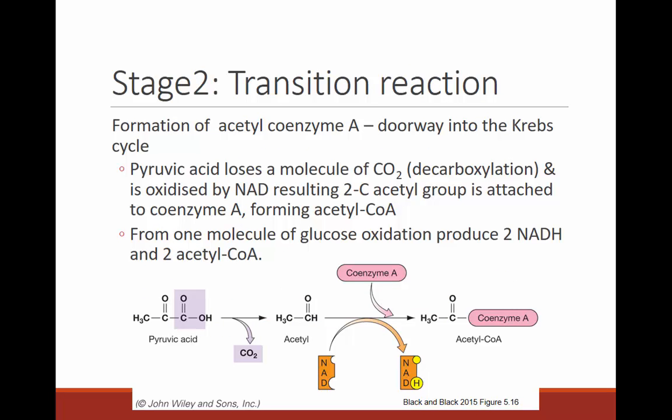Then you've got the formation of acetyl-CoA. And this is basically the molecule before it goes into the Krebs cycle.